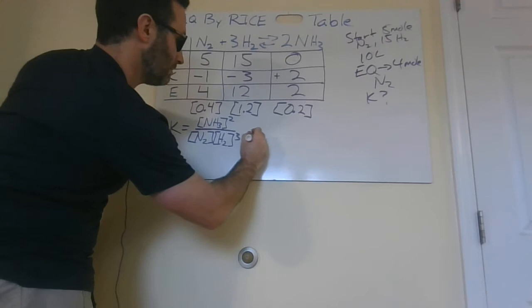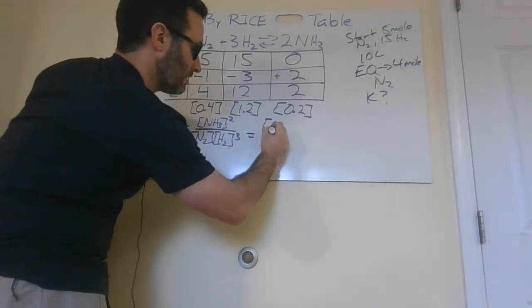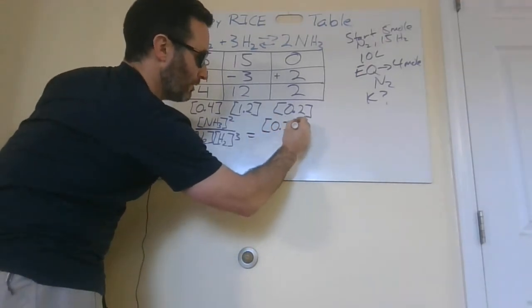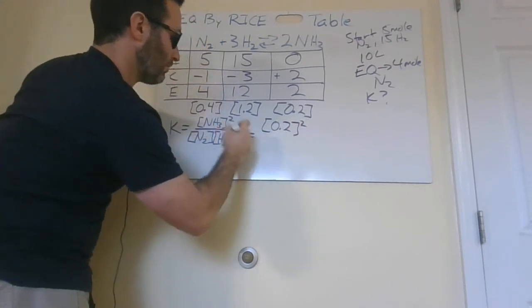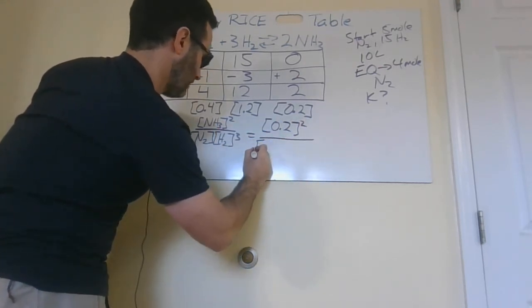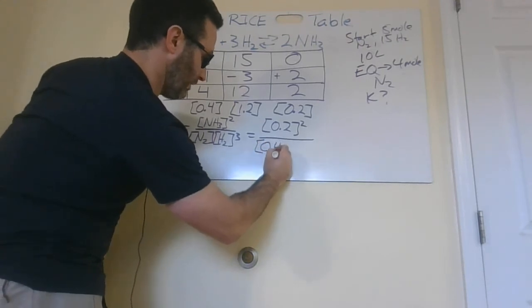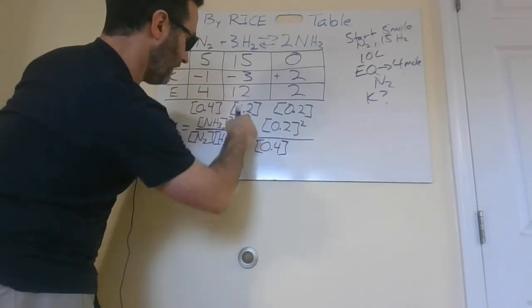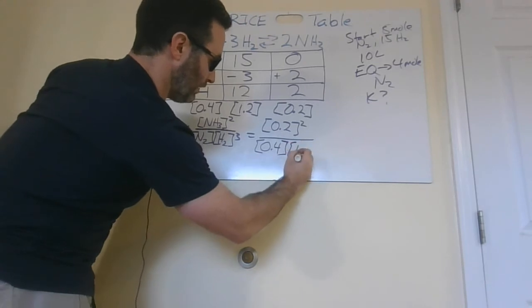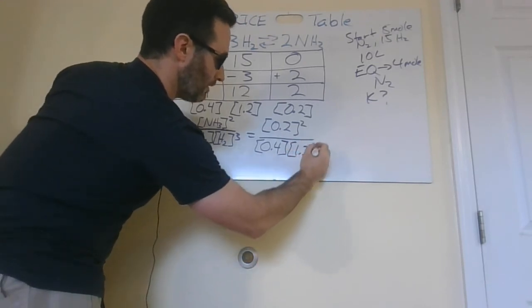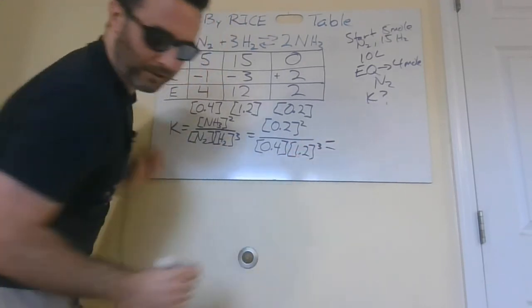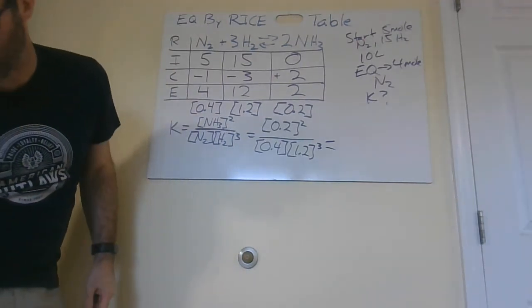So 0.2 squared over 0.4 by itself, and then 1.2 cubed. Oh, well, now it's a calculator problem. It's not even a chemistry problem.